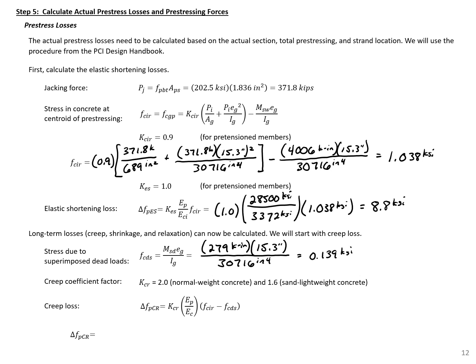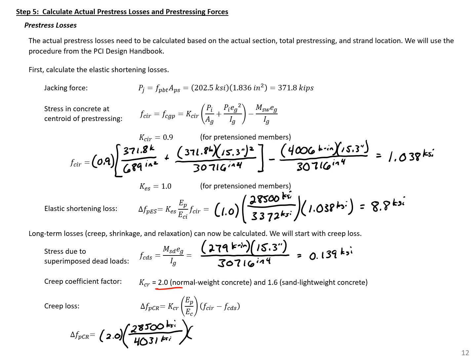KSI. We can plug this stress into our creep loss equation, assuming that we have a normal weight concrete. So we'll get 2 times, here you can see we're using the modulus of our prestressing, 28,500, divided by the modulus of our ultimate strength, our final concrete, 4,031 KSI.